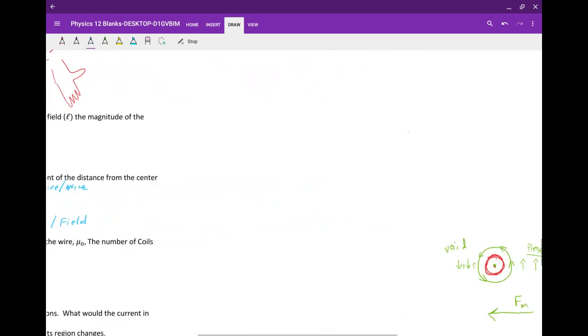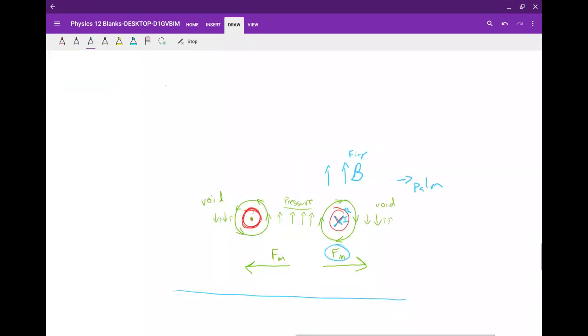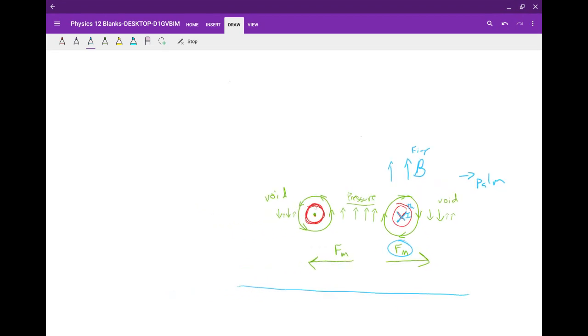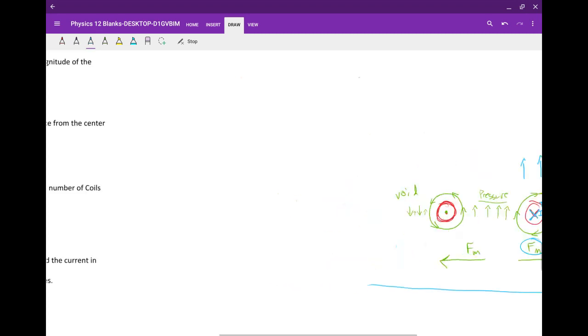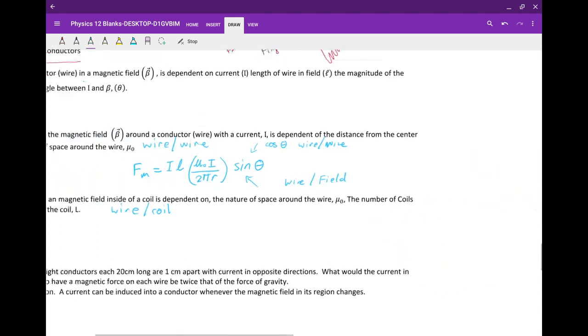Because going back to this, notice that the field is going up, but the wire's going into the board, so that's a 90-degree difference. Whereas over here, they're both coming out of the board and into the board, so that's not a 90-degree. That's 0 degrees or 180 degrees. Okay.